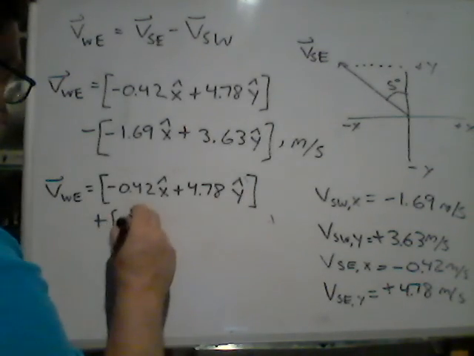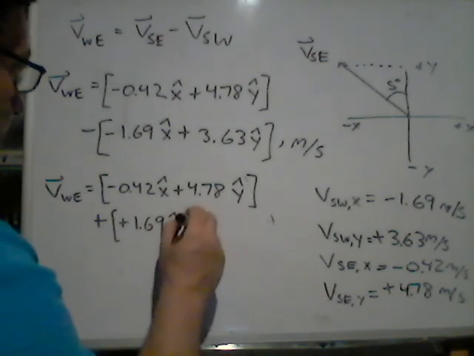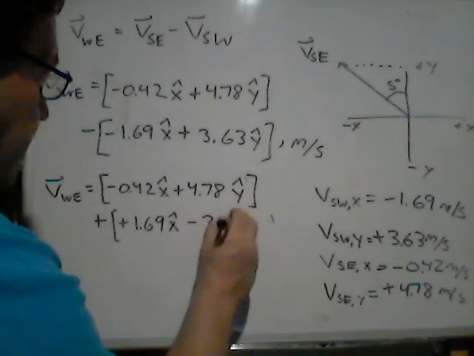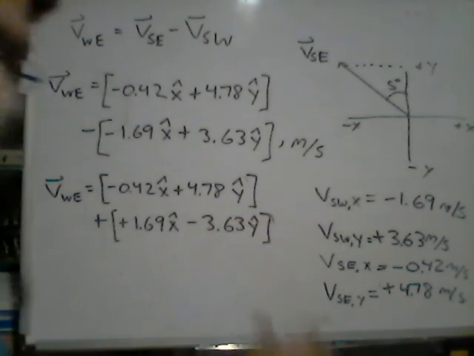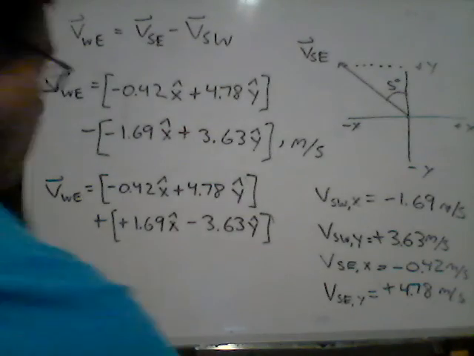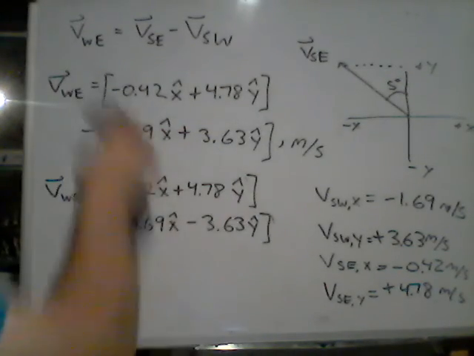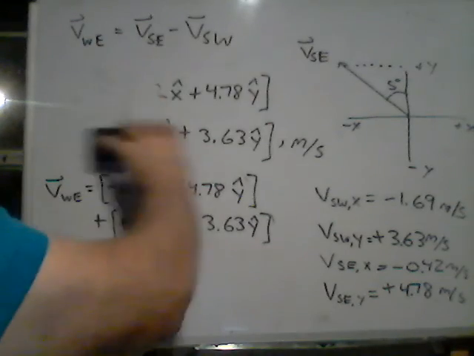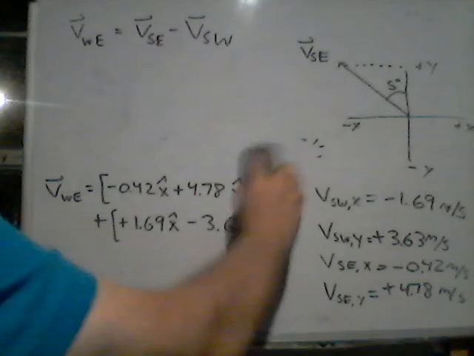So positive 1.69 X hat minus 3.63 Y hat. All right. And then what I'm able to do at this point is erase maybe this line here. So I'm going to combine like terms at this point.